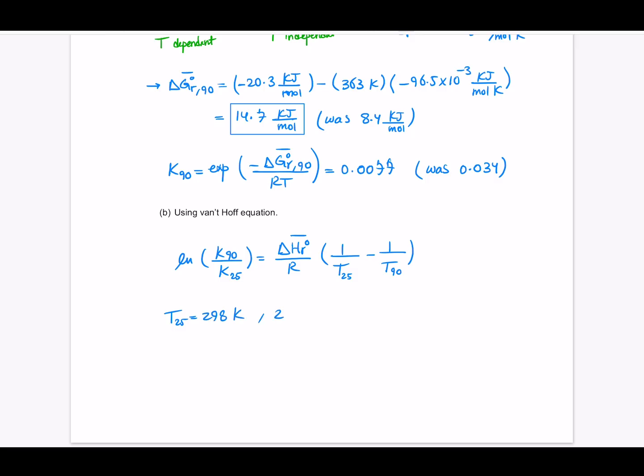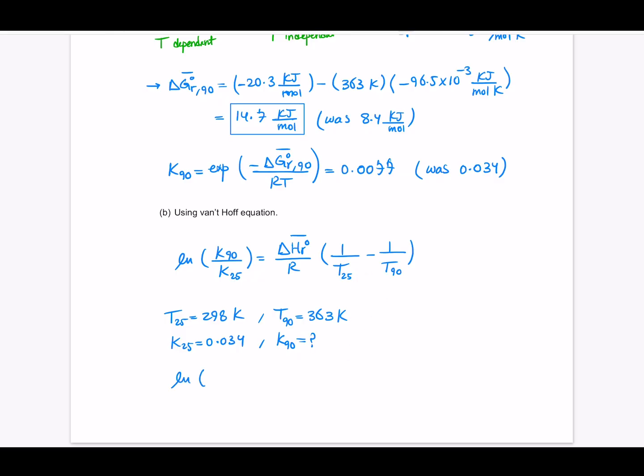T90 is 363 Kelvin. We had K at 25 to be 0.034. K at 90 is something that we don't know, and we're relying on the Van 't Hoff to calculate it.